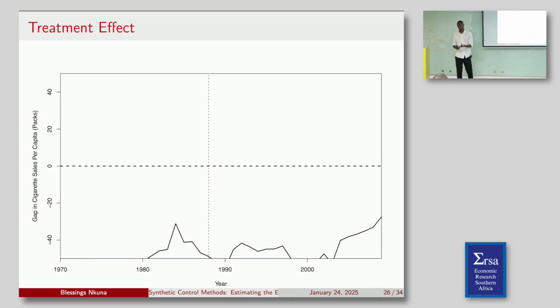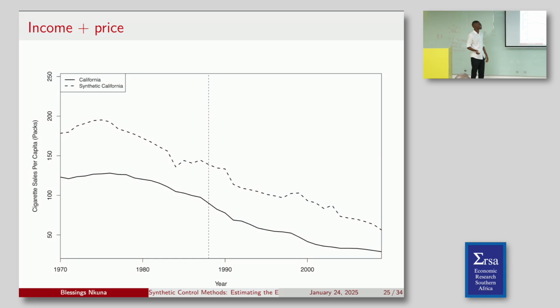So now we know that it's sensitive to the variables or covariates you use in your model. You need to have more covariates if you need a much more precise estimate. So 2 won't cut it. California is still below the line, so somehow it's still picking up something, but this is very bad.